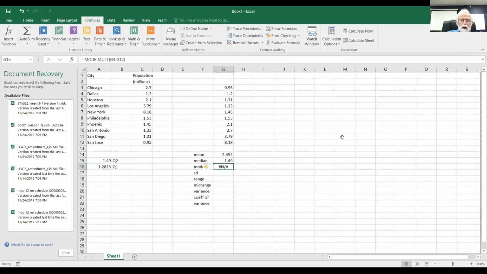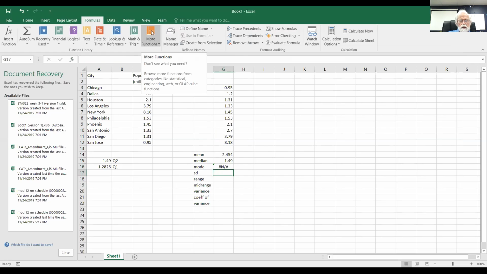We click OK, and there's no mode. We knew that because there aren't uniform values. But if you were having a large data set, say 500 or 600 data points, you're not going to scan down the list. What you're going to do is do this and find out whether or not there are any repeated values.